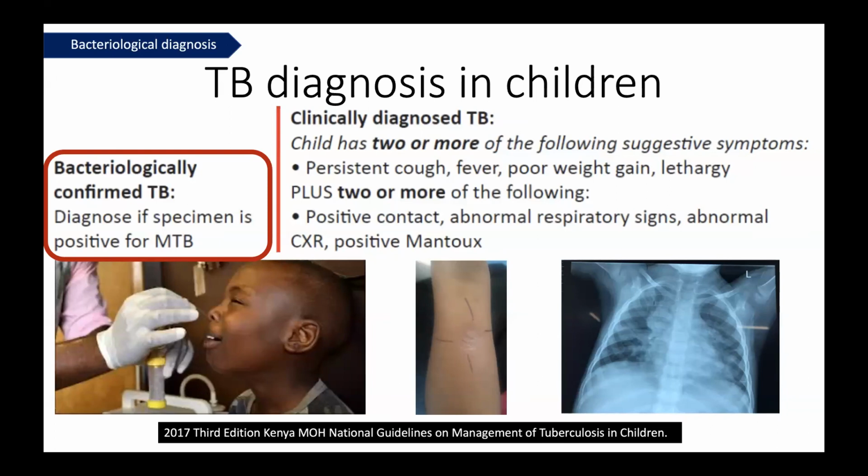We have that nice table by Murray and colleagues showing that in under ones that risk is really high and keeps decreasing. Under 5s are more at risk of moving from infection to disease. Now, in a child who is symptomatic with a positive Mantoux test, then this is really TB disease.